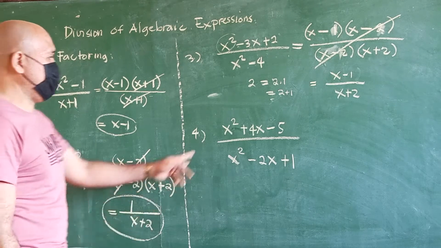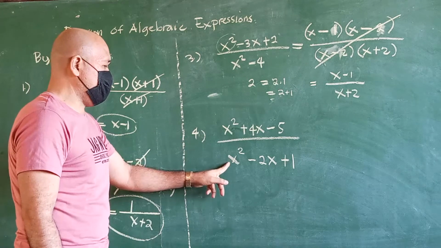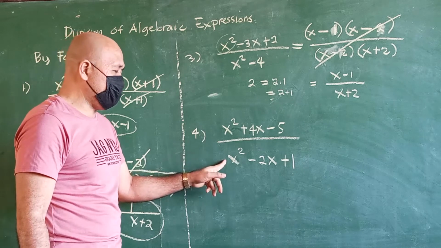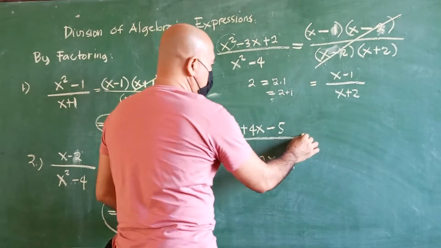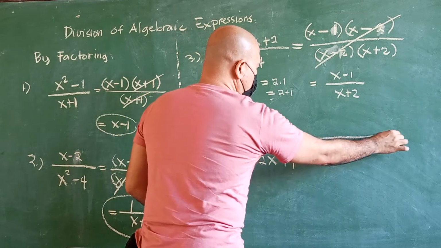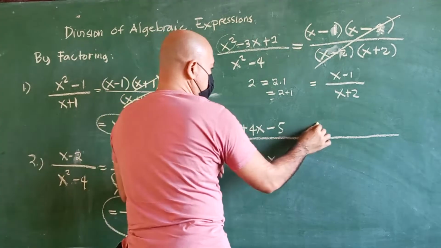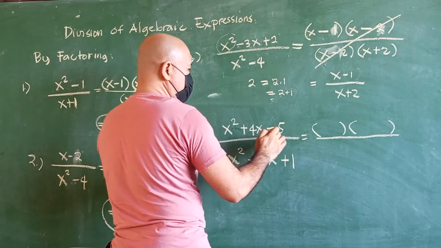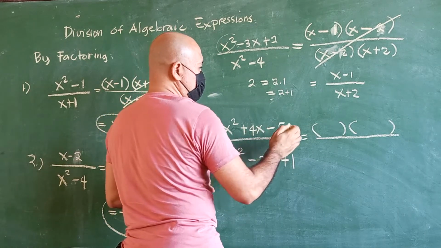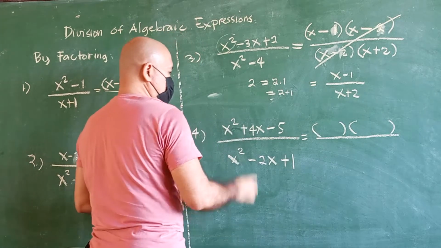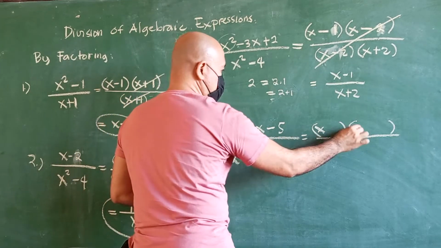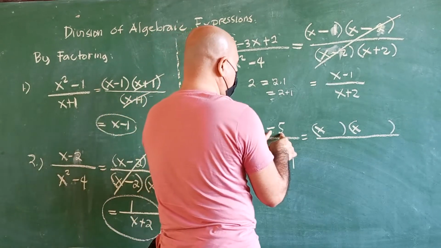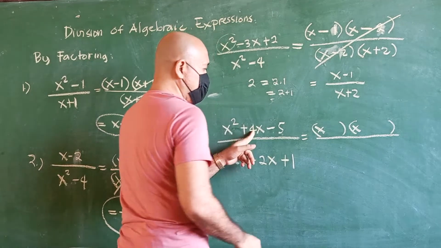So the dividend is a trinomial and the divisor is a trinomial, or the numerator is a trinomial and the denominator is a trinomial. So just simply try to factor it first. For this expression, basically again, if the given is a trinomial, given that it is factorable, your factors are the product of two binomials. So just distribute the x here, and then try to factor out minus 5 that will give you 4 as their sum.